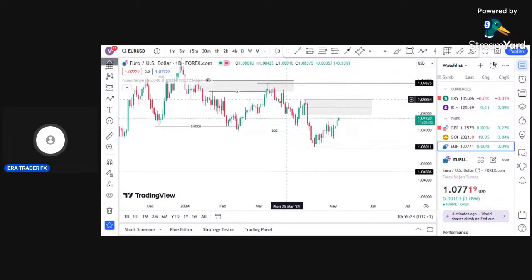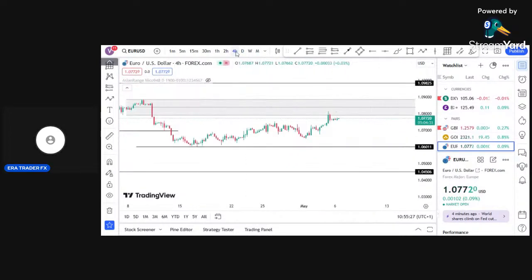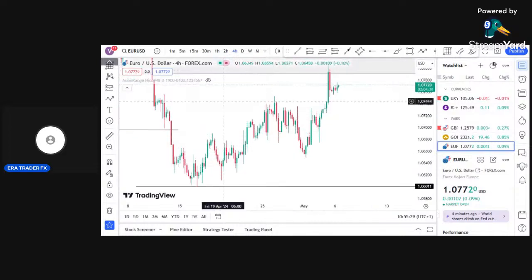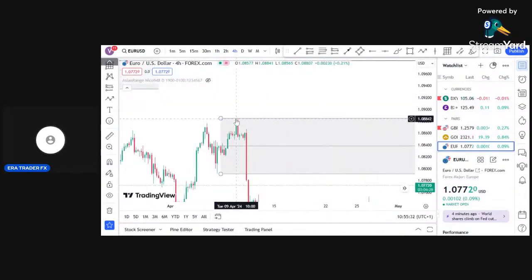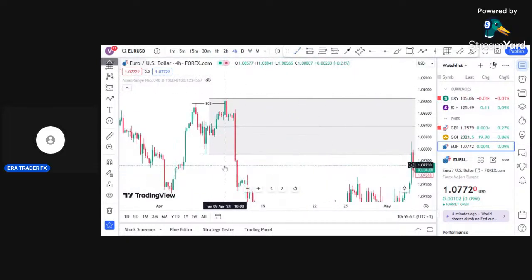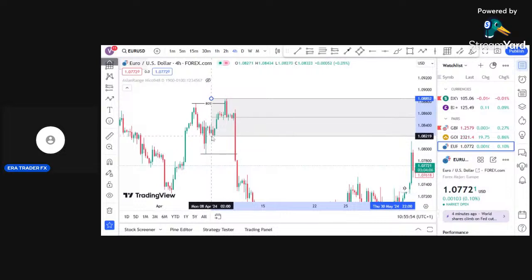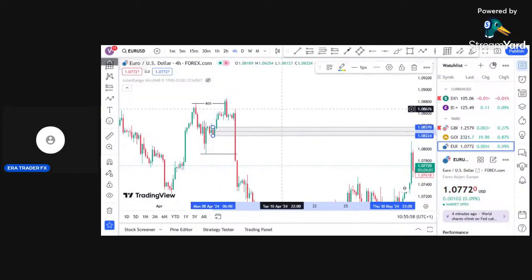We want to go to the 4 hour time frame to find the block. We saw this break of structure to the upside, and we saw this change of character to the downside. There's not much refining, but we like to take it from this zone, as this was the last.